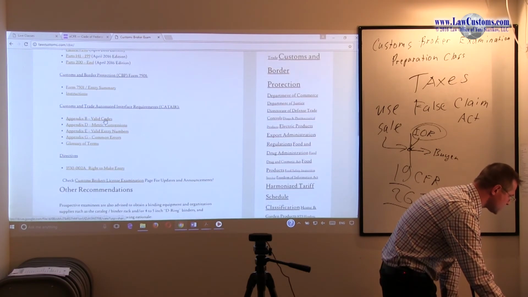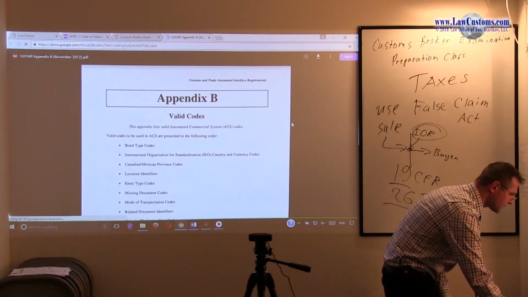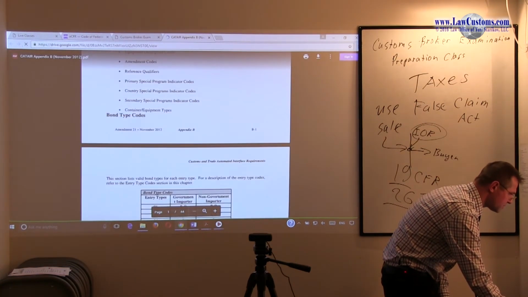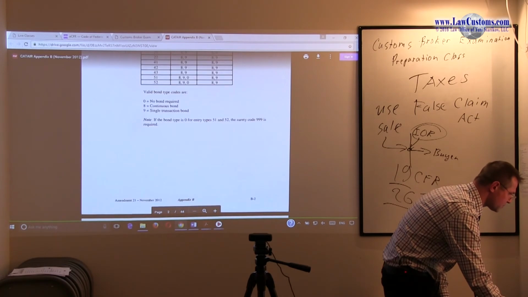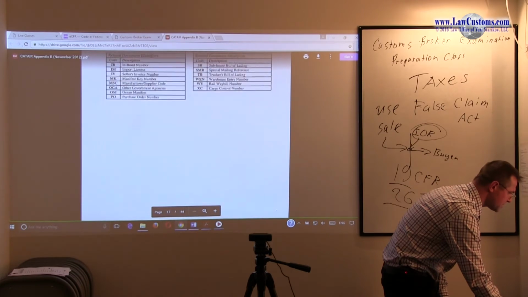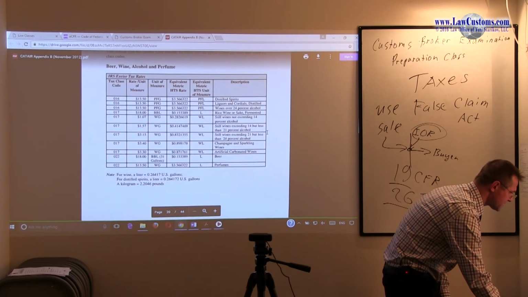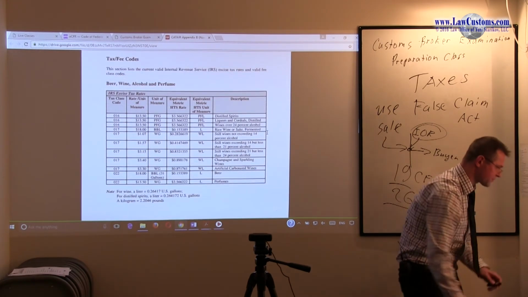Okay, so we have appendix B valid code, and then we're going down to page B20. Please, when you show up to the exam, mark these pages, as these are very important pages.